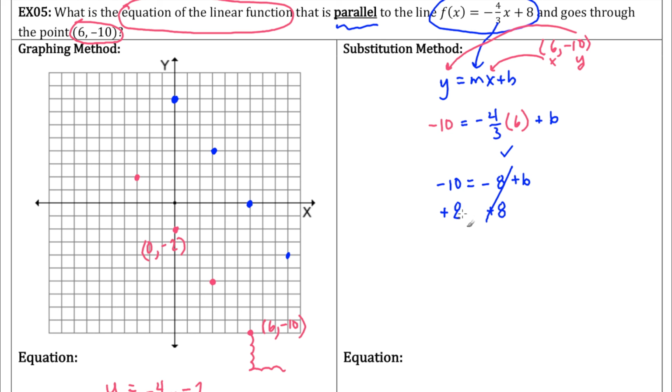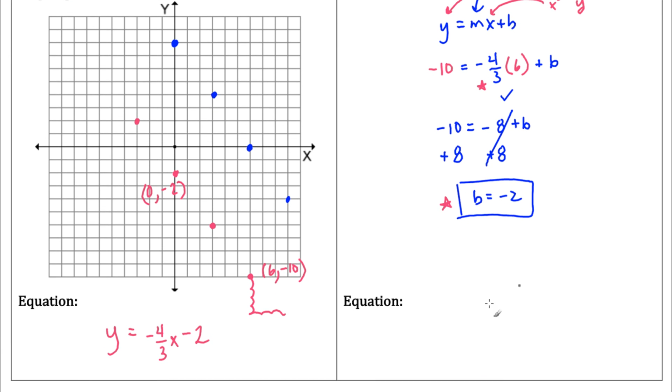So b equals negative 10 plus 8. 8 minus 10 is negative 2. And remember that we're using this slope and this y-intercept. So y equals negative 4 over 3 x minus 2. And that is it.